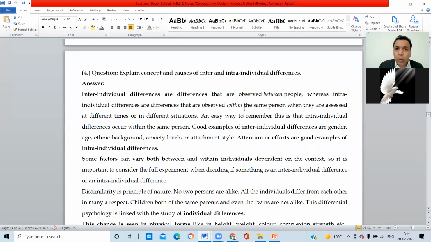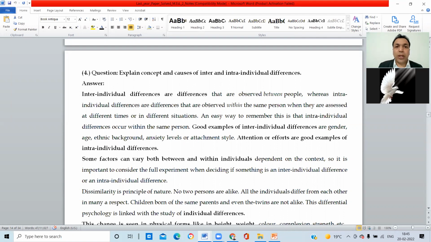For example, when we meet a new person, we show our attitude and talk in a very nice way, but sometimes when we are at home, we show a different kind of attitude. So intra individual difference means the difference in the different activities of the same person when assessed at different times. But inter individual difference means difference between two persons, right?